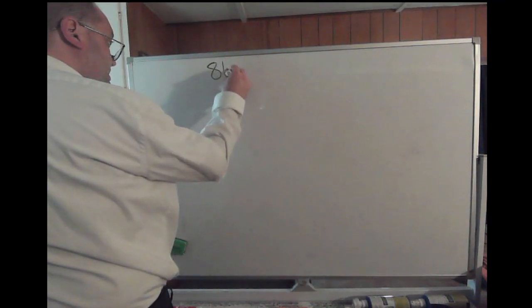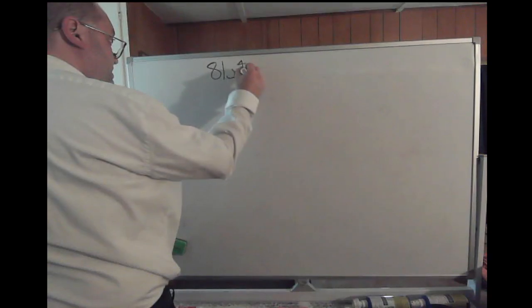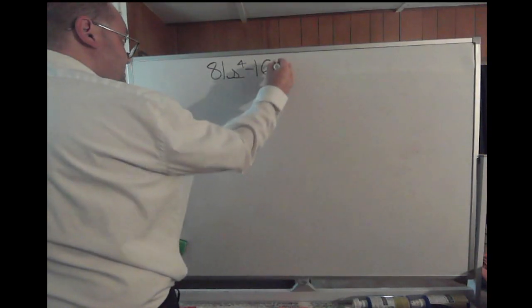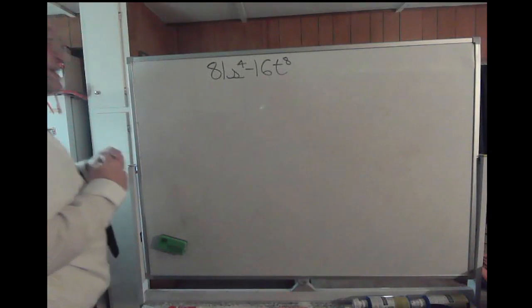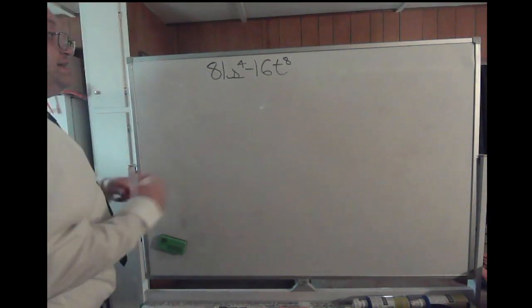81s to the fourth minus 16t to the eighth. Alright, so we got 81s to the fourth minus 16t to the eighth.